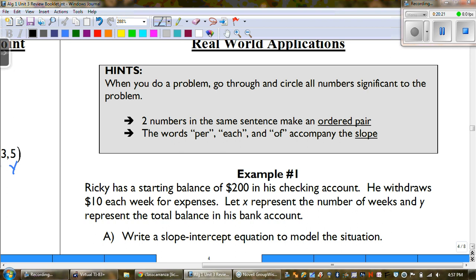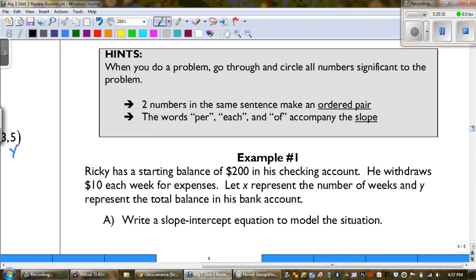The words per, each, and of accompany the slope. So let's read it first. It says Ricky has a starting balance of $200 in his checking account. He withdraws $10 each week for expenses. Let X represent the number of weeks and Y represent the total balance in his account.